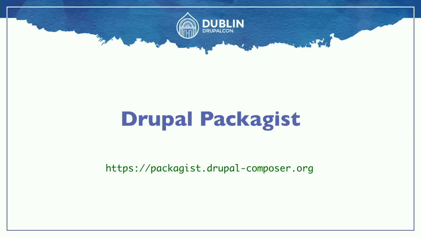This is a repository that was created to house all of your Drupal modules. So now, instead of having everything be on Packagist, you can specify in your Composer JSON file that you require drupal/module name, and it will automatically go out and pull that module down for you.